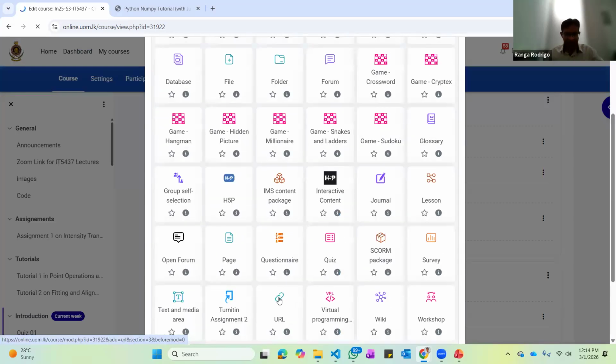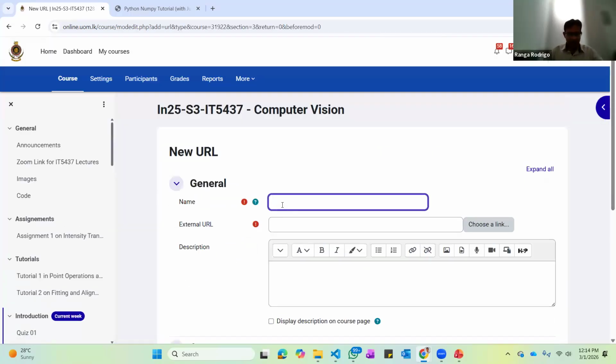I will link that in Moodle: the Python NumPy tutorial from Stanford.